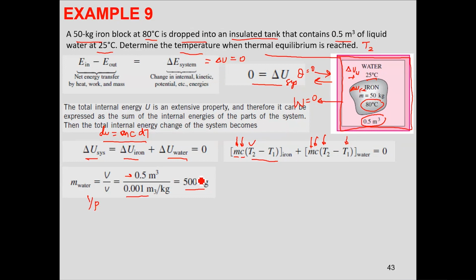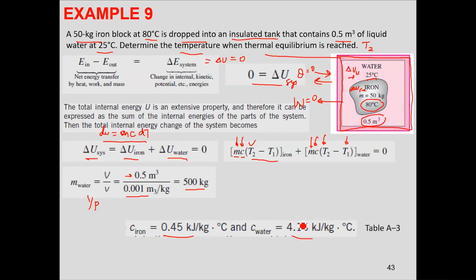And now if you find out the values of C for iron and water from the tables, it is 0.45 kilojoules per kg per degree for iron and 4.18 for water from table A3. Once you have these values, you can plug them into the equation which we have written for delta U of our two components of our system.